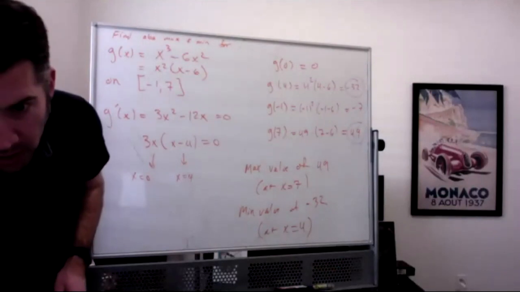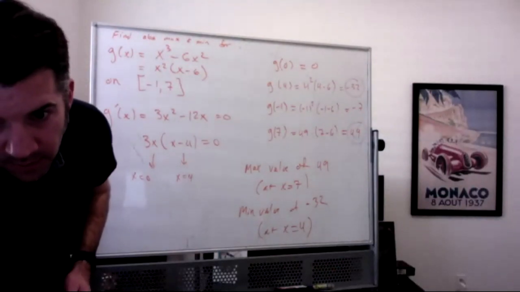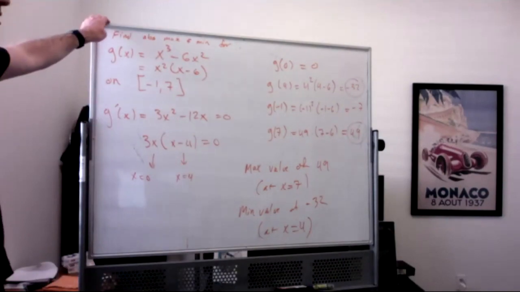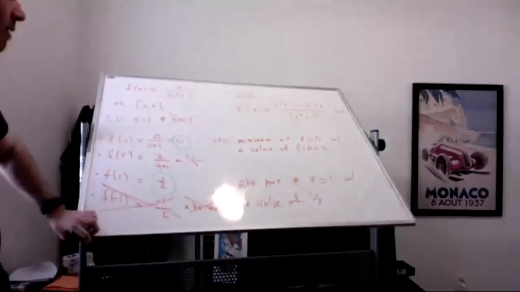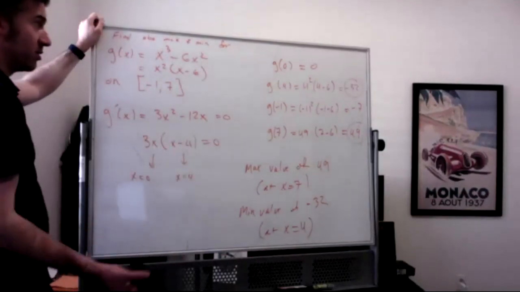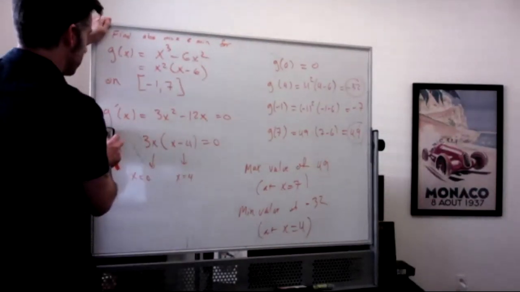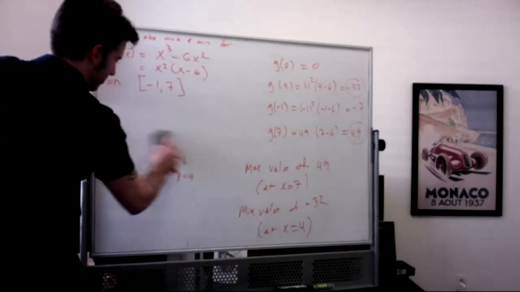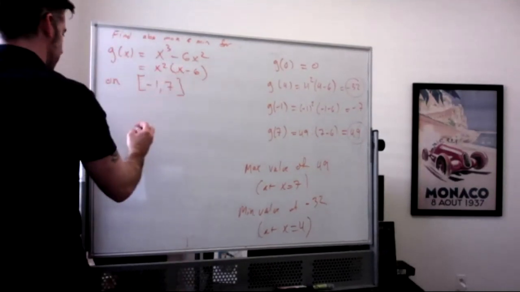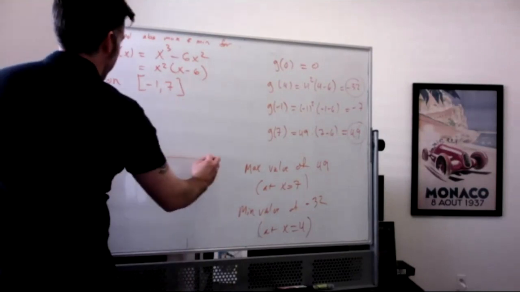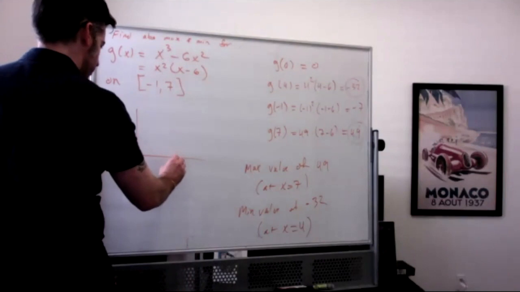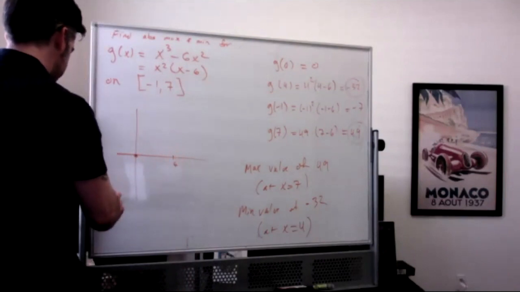Let's look at one more like this. Well, similar, I should say. Actually, before I look at one more like this, let me just show you what the graph of this looks like so you can kind of see. So this function, x cubed minus 6x squared, or x squared times x minus 6, has x intercepts at 0 and 6, and looks kind of like this.